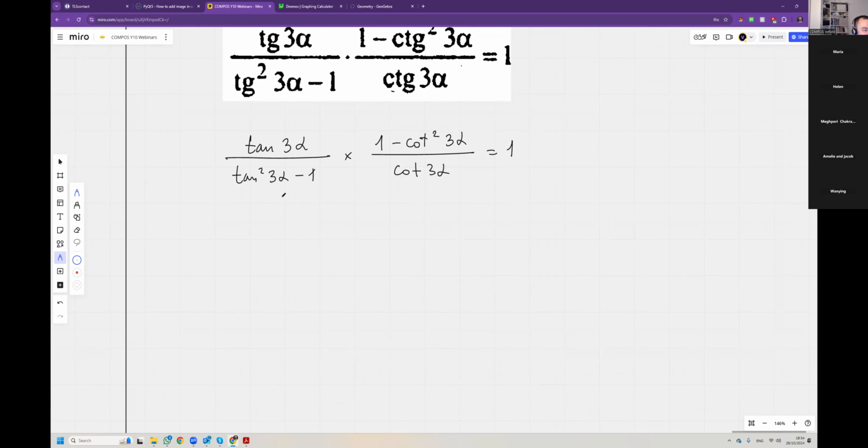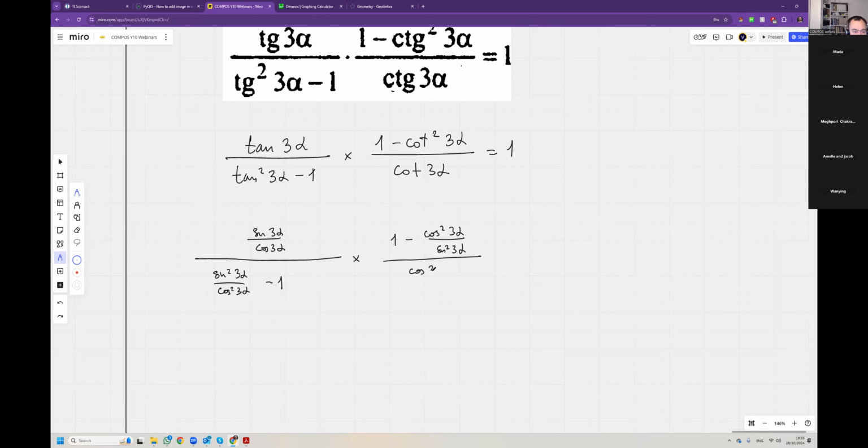So start simplifying. This is sine squared 3 alpha divided by cos squared 3 alpha minus 1 multiplied by 1 minus cos squared 3 alpha divided by sine squared 3 alpha divided by cos 3 alpha divided by sine 3 alpha.